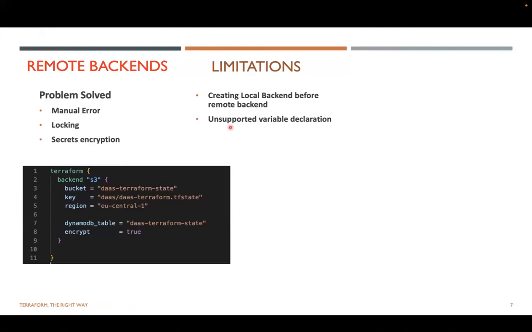Number two is that backend does not support variable declaration. Please note that, DevOps engineer, because everybody would think everything in Terraform is variables. No. Backend does not support variable declaration.